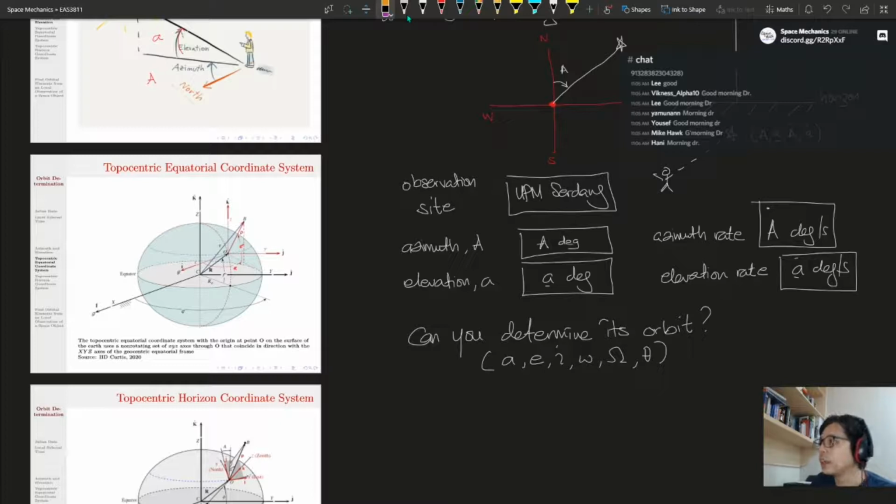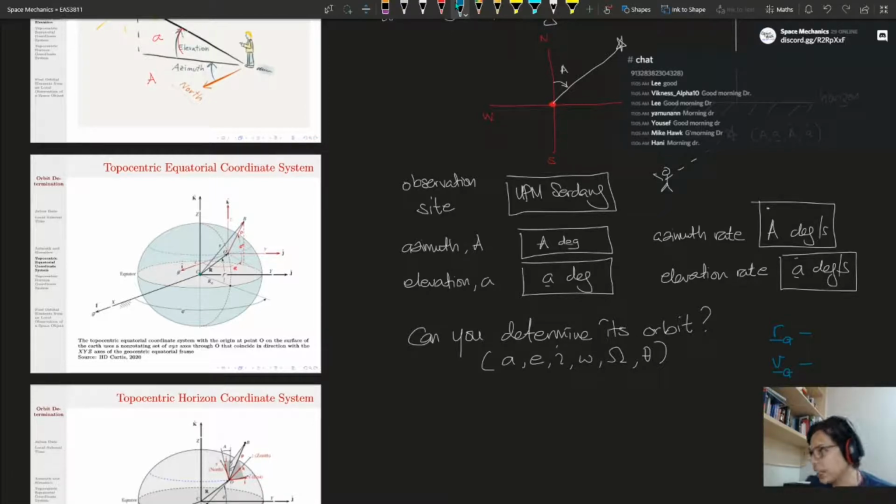Before, what we have done is you are given the vector r and the vector v, the state vectors. You're given position vectors and also velocity vectors, and you know these two vectors are based on the geocentric coordinate frame, which means you're standing in the middle here, and then you know your r.